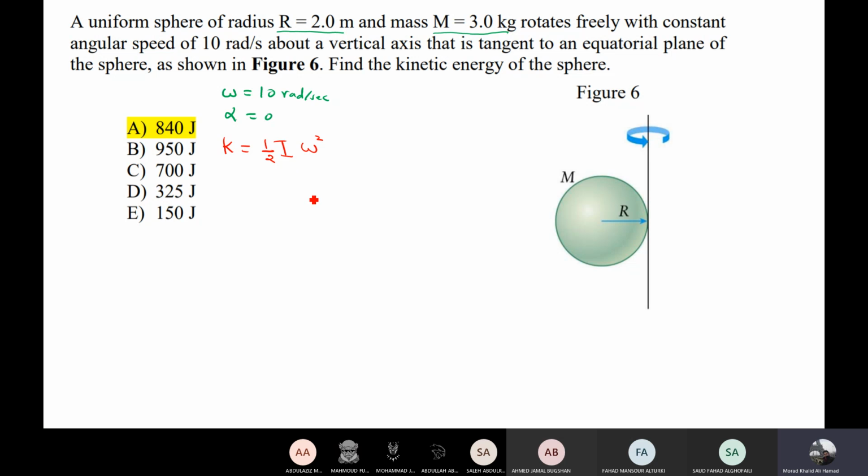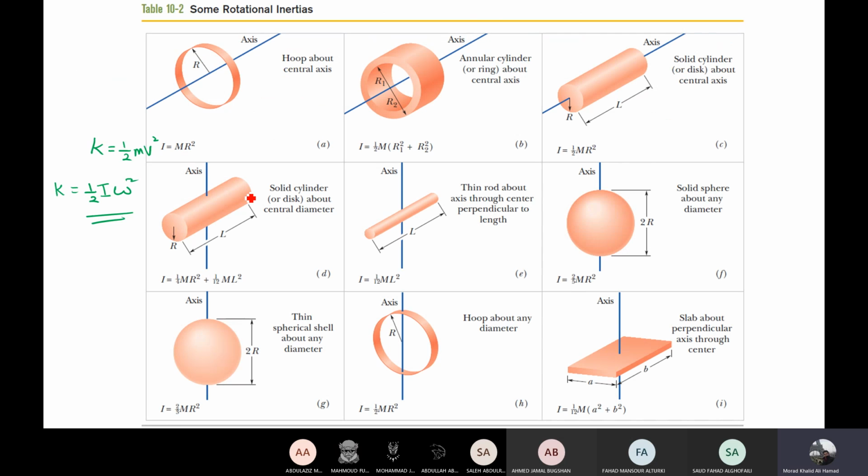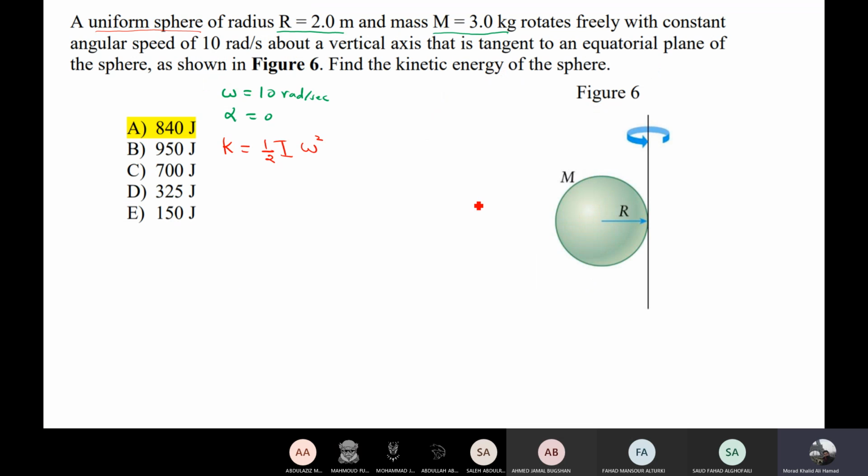But here we don't have I. It's not given, but we have a uniform sphere. For a uniform sphere, I is equal to 2 over 5 m r squared. However, this is if the rotation is about the center of mass. So here we use the parallel axis theorem.